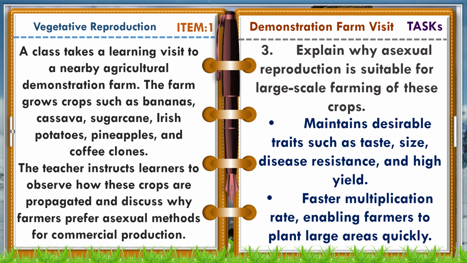They maintain desirable traits such as taste, size, disease resistance, and high yield. They have a faster multiplication rate, which enables farmers to plant large areas quickly.